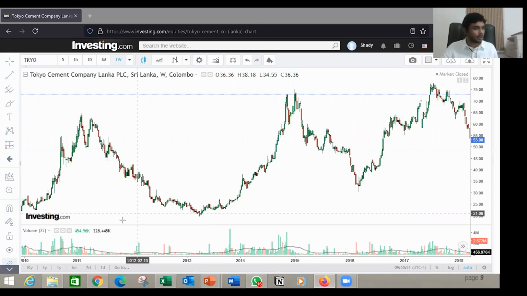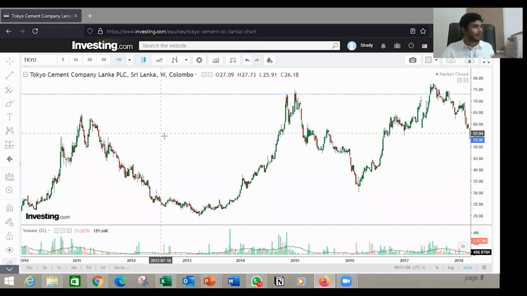So now I will show you the importance again. Tokyo. You can see this particular example where I have taken a higher time frame. I want to show you how a historical study of support will help you to understand the importance of a support in future. We can see Tokyo from a peak during 2011, it started from 61 rupees.